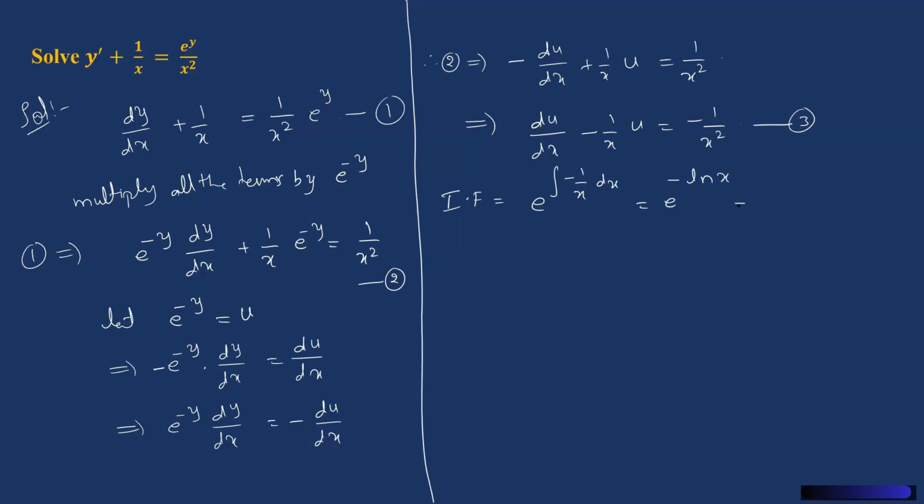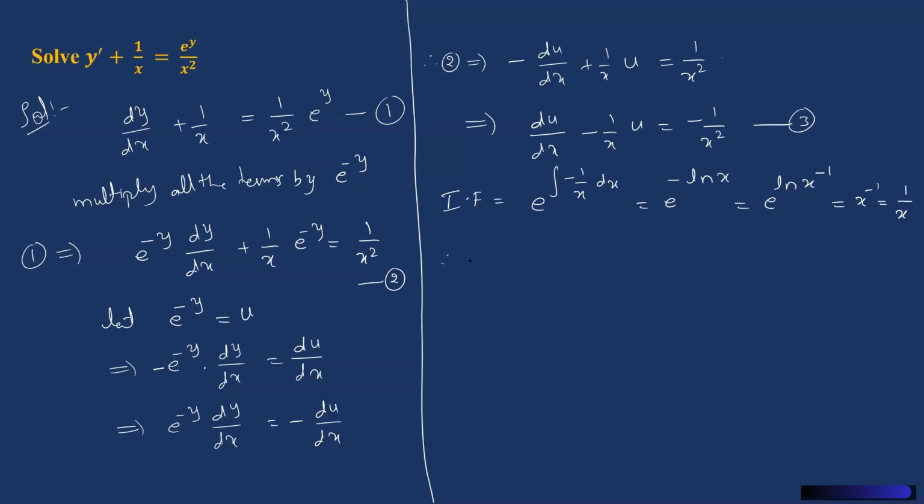You can write this minus sign as a power to x, so it is e to the power of log x to the power of minus 1. You can cancel e and log, so we can write this as x power minus 1, or more particularly as 1 by x. So clearly the integrating factor is 1 by x.